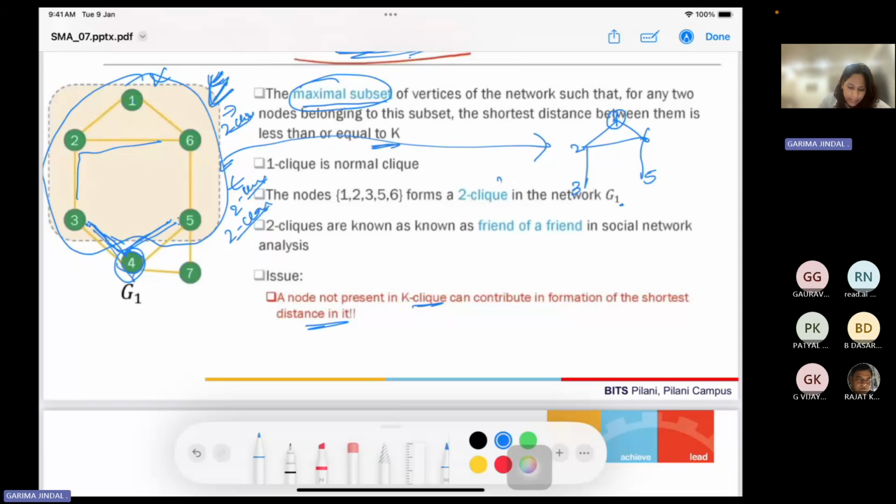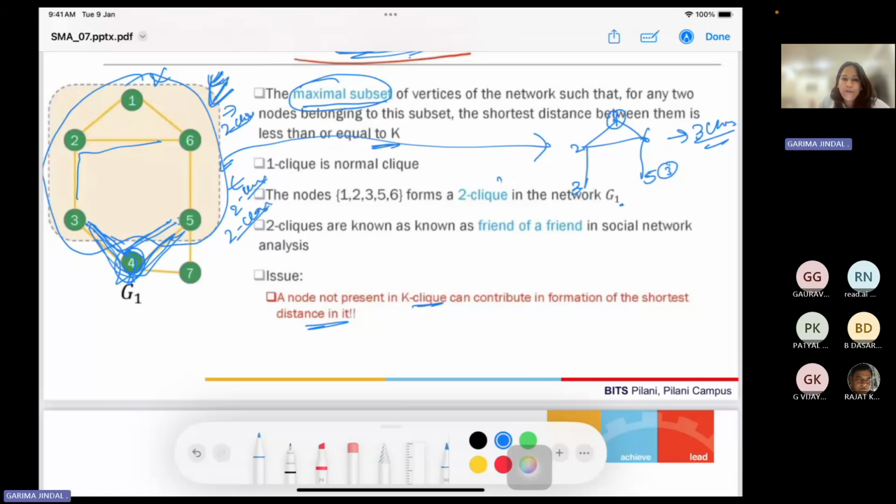So I cannot consider this fourth node as it was considered in K-clique. Now I will check the distance between each and every node. From 3 to 6 the distance will be 2. From 3 to 5 the distance will be 3. So this particular graph is 3 clan. It is not 2 clan, it is 3 clan.